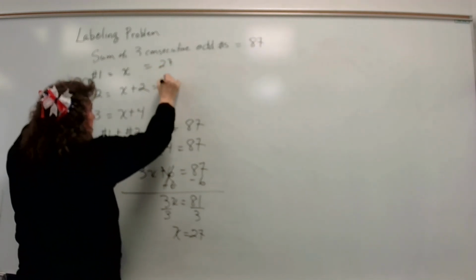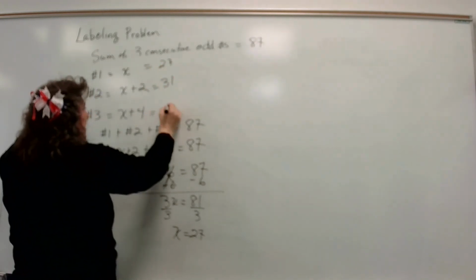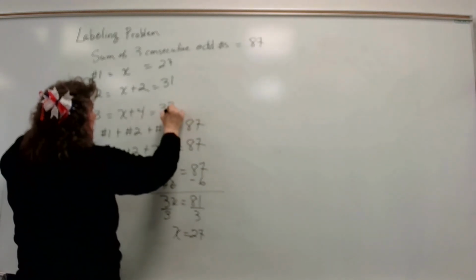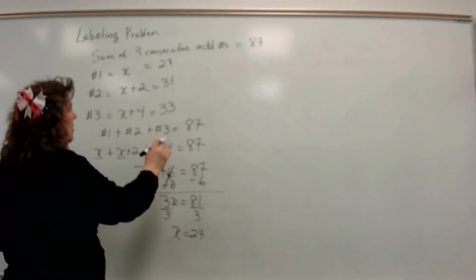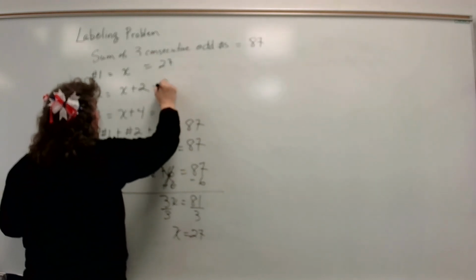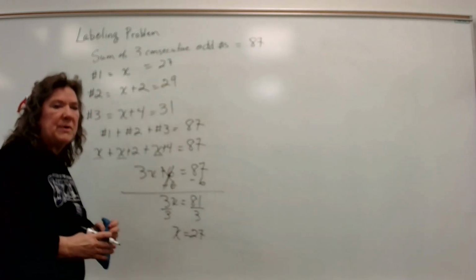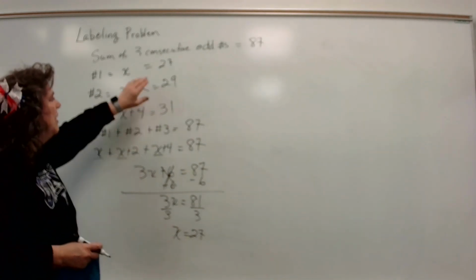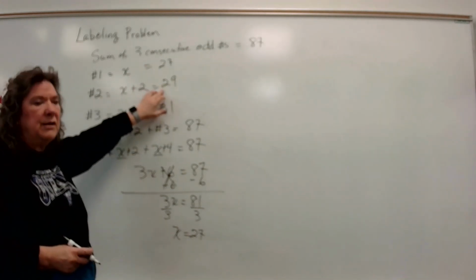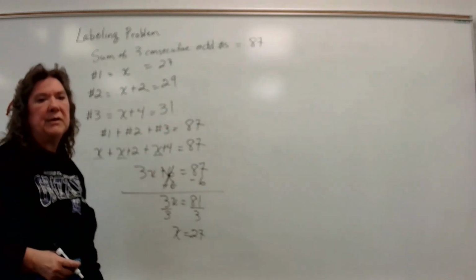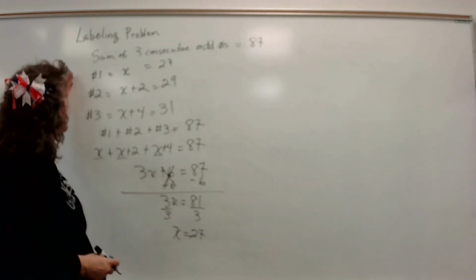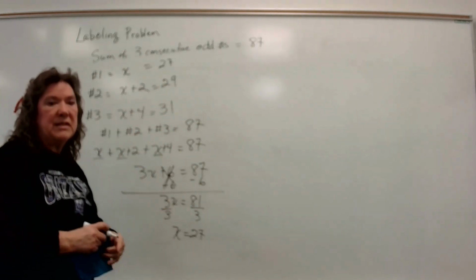Integer number 2 is... no, 29. And then 31. Okay? Get the numbers right here. I added too much. 27 plus 2 is 29. 29 plus 2 is 31. So you can see these are easily solved in this fashion.